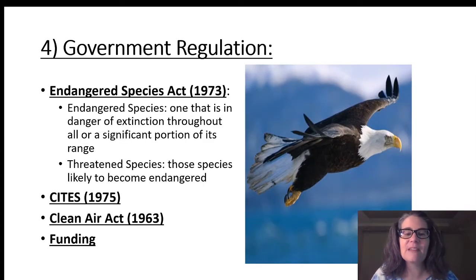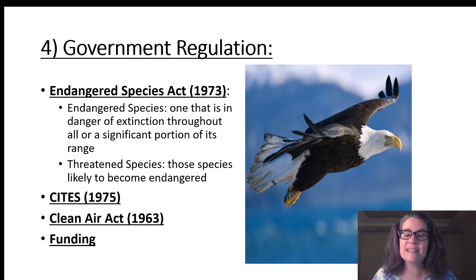The fourth thing that I want to mention is government regulation is important. Our own government has various kinds of regulation, like the Endangered Species Act of 1973, that protects species in danger of extinction throughout all or a significant portion of their range. It also lists threatened species and provides some protection for those particular species as well.